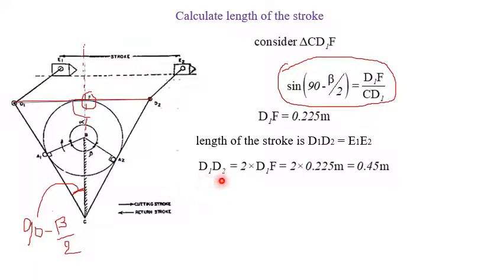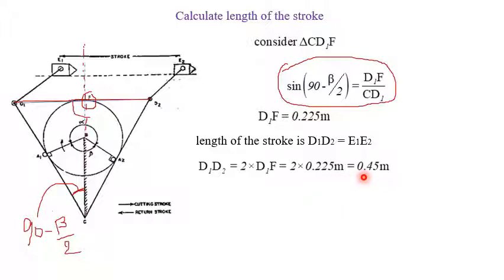So how to find the D1D2 length? It can be determined as 2 times D1F, because D1F is half of D1D2. So D1D2 equals 2 times D1F, that is 2 into 0.225.